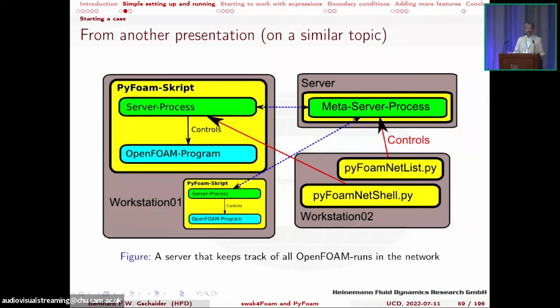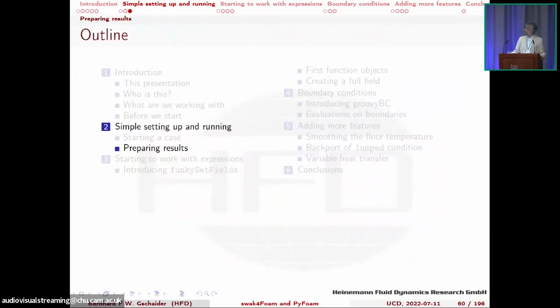That's quite nice when you say, okay, it will take another hour until it gets to the next regular writing of results. But I've got to stop it now, and I don't want to lose the 3 hours of calculations that it did without writing a time step. Then that's where this is quite handy.